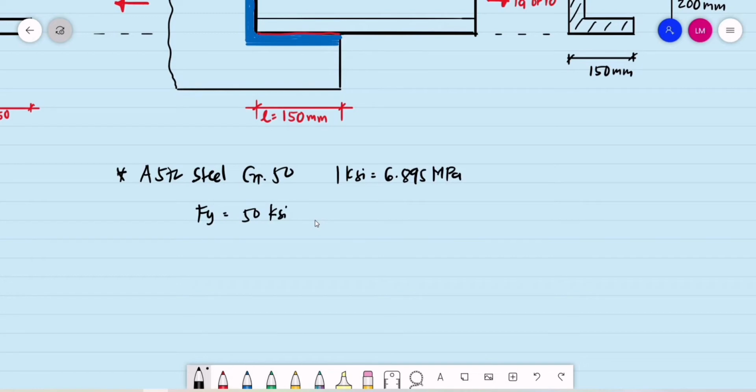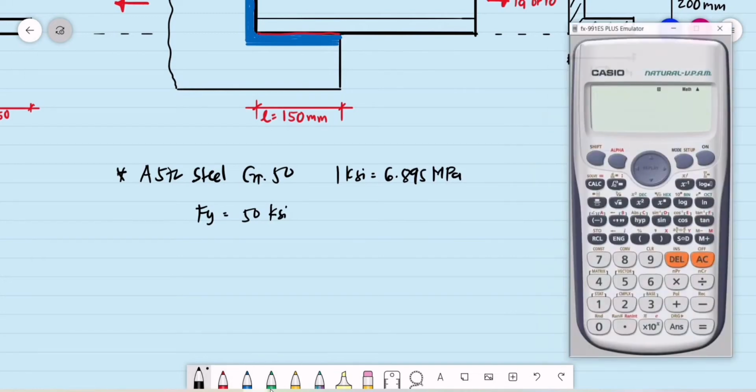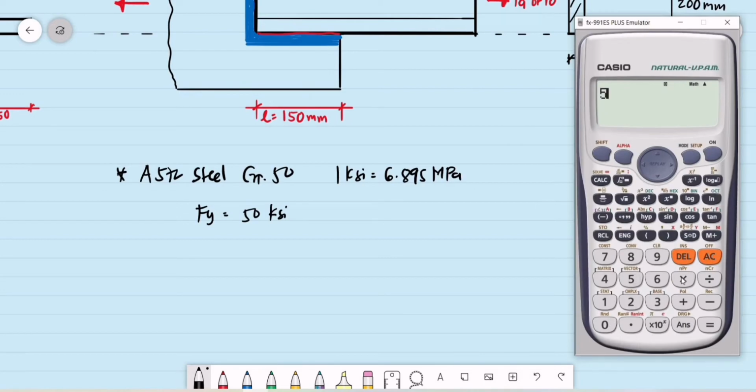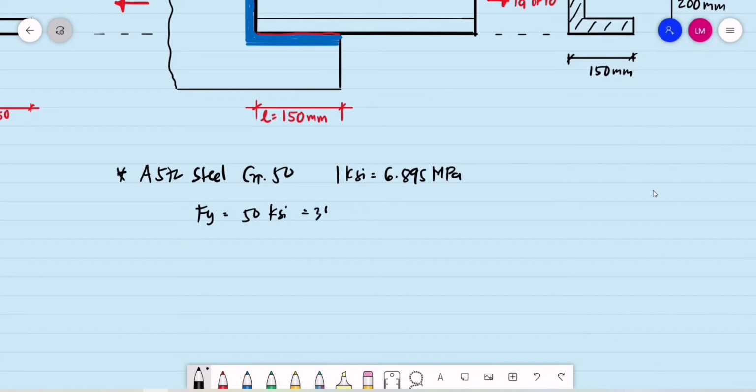So if we multiply this by 6.895, that will be 50 multiplied by 6.895 megapascals, that is 344.75 megapascals. Let's say we are using 345 megapascals.